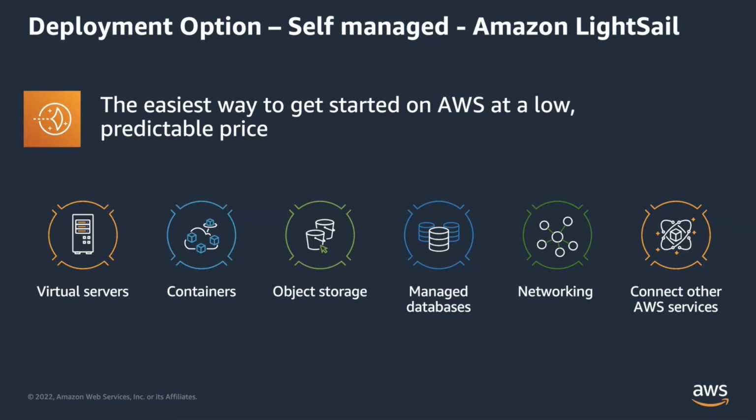So LightSail basically reduces the learning curve, and it gives you this bundled offering. You have your compute, your storage, and your networking all in one place. When your business grows, which inevitably happens, then you can migrate from LightSail to a lot more sophisticated and advanced offerings if need be. So that's where LightSail becomes very easy to start your journey.